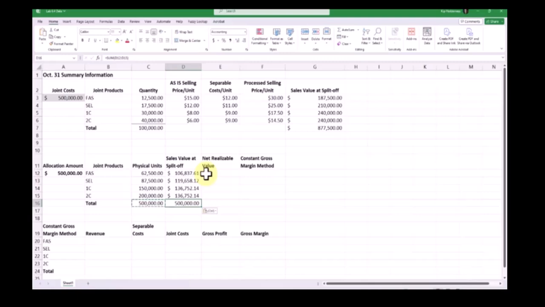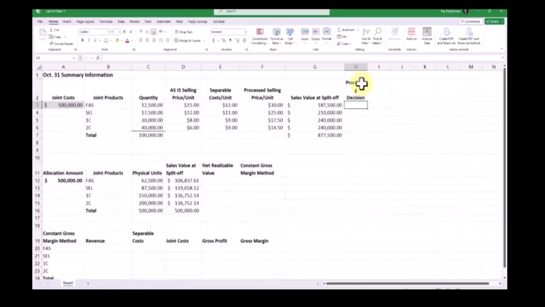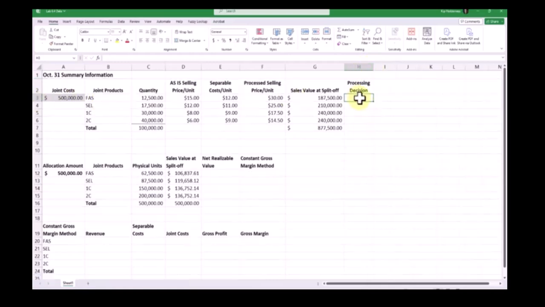So in cell H2, we're going to enter processing decision, and we're going to use the if function in Excel to indicate whether or not the products should be processed further or sold as is. And the formula is, we'll use the if function here, if the final selling price, that is the price after they process the wood into cabinets, minus the separable cost, is greater than the sales value at split-off, then Heartwood will process these units further.